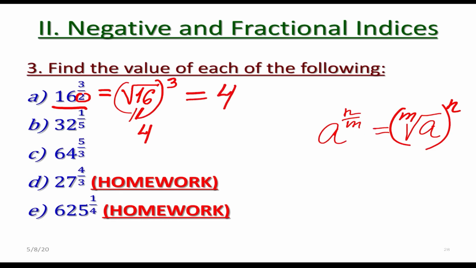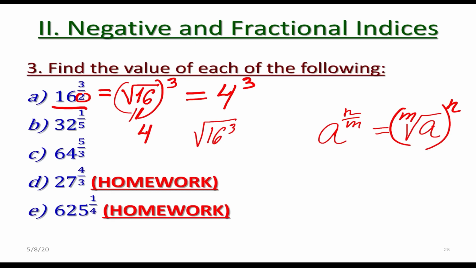So the square root of 16 is going to be 4, and we need to raise this 4 to the third power, so 4 cubed. I would suggest you use this part of the formula since it's going to be easy to evaluate. If you raise 16 to the cube power and after that take the square root, it would be much more difficult than if you first take a root and after that raise the power.